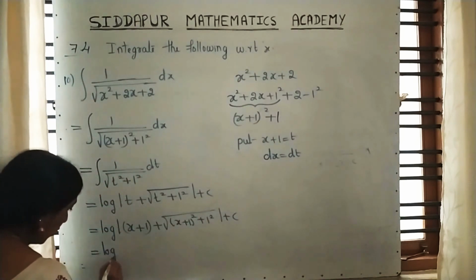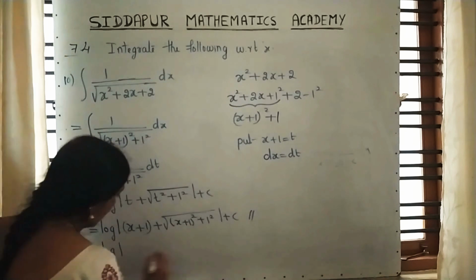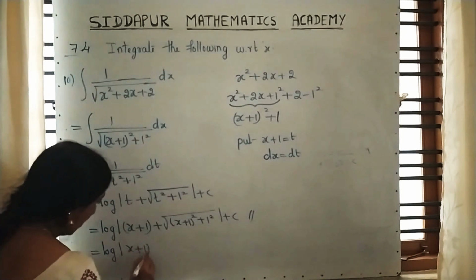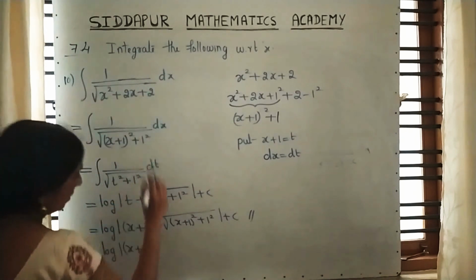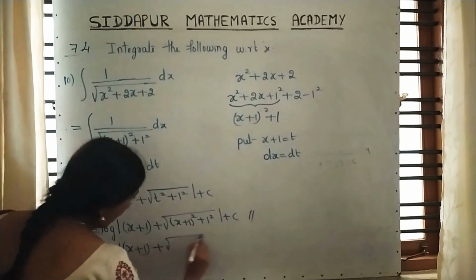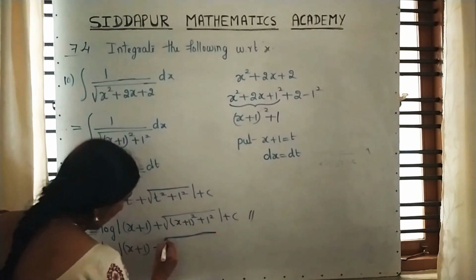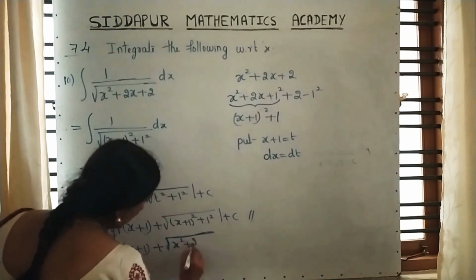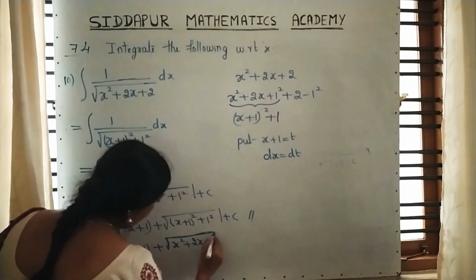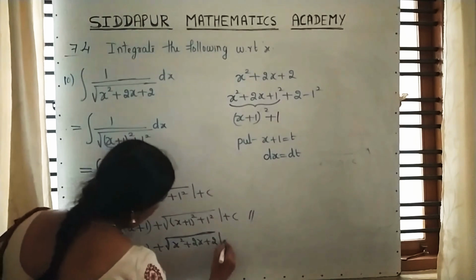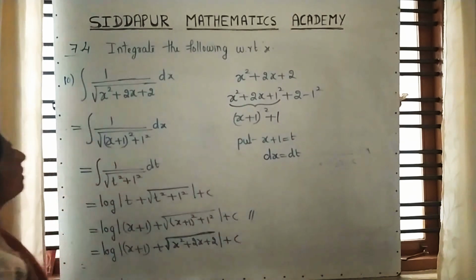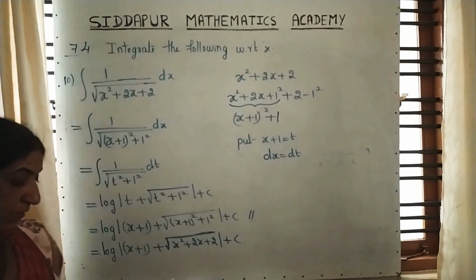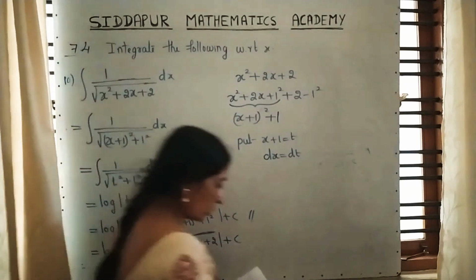Here, if you want you can stop here only, or since this quadratic expression is very simple, that's why I am expanding and simplifying. When you expand and simplify, this is log of x plus 1 plus root of x square plus 2x plus 2, plus c. Question number 10. Moving to the next question, that is question number 11.